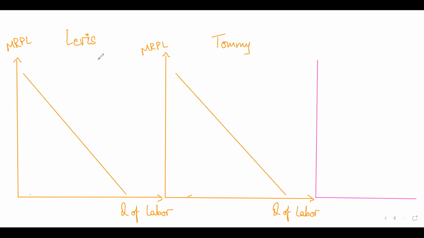Now, what is this showing us? Let's take some values, right? So at $1,000, Levi's is willing to hire one person. Then the second guy is generating a revenue of, let's say, $900, right?